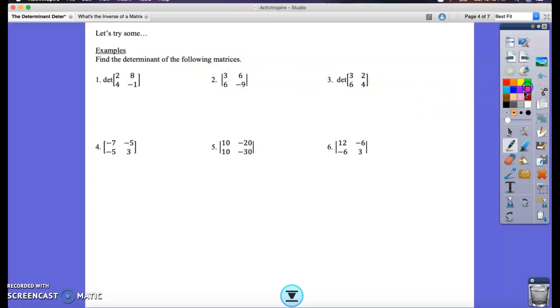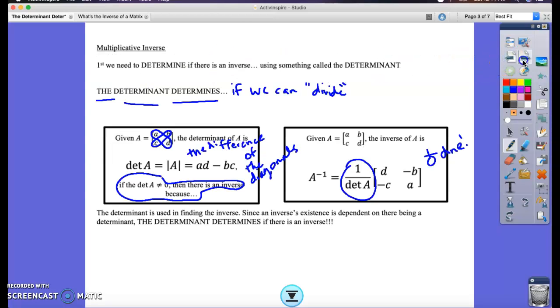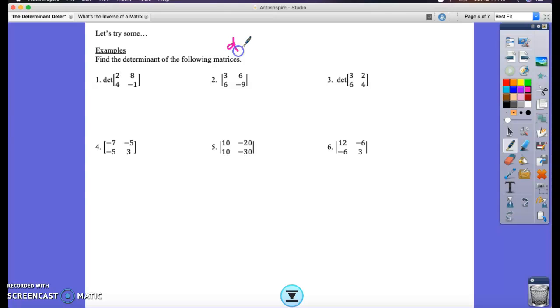Okay, so we're going to start with number 1 here. To find the determinant, again, if you want to have this written on the page, it's right there. Det of A equals the first diagonal, a and d, minus the second diagonal, the difference of the diagonals.